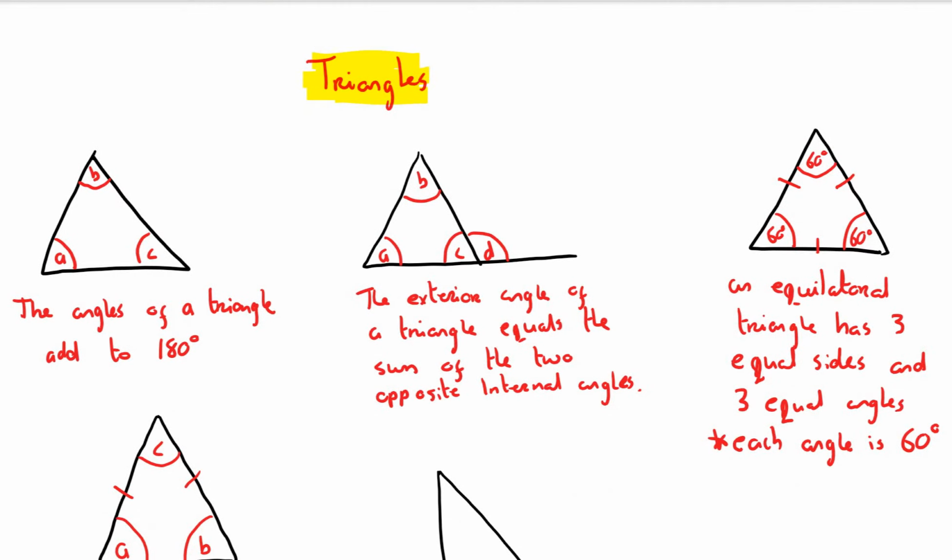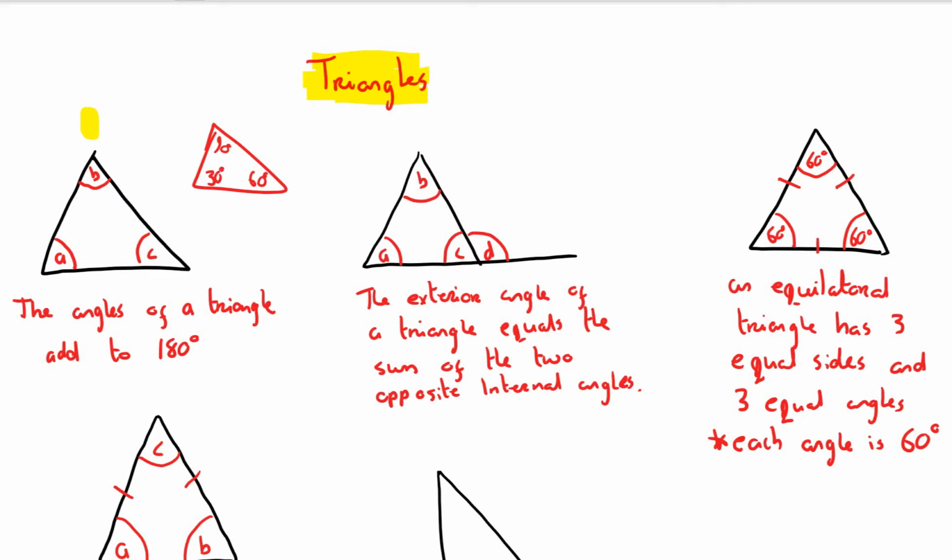Next, if we look at triangles, the angles of a triangle add to 180 degrees. So we can solve questions like that. If I have a triangle and I have 60 degrees, 90 degrees, and they ask for this, well, I'll add the 60 and the 90, I get 150, and if I take 150 away from 180, I'll get 30, so I can find out that that's 30.